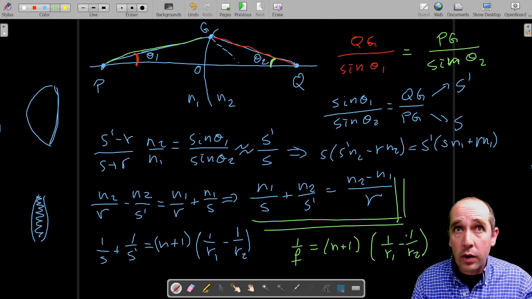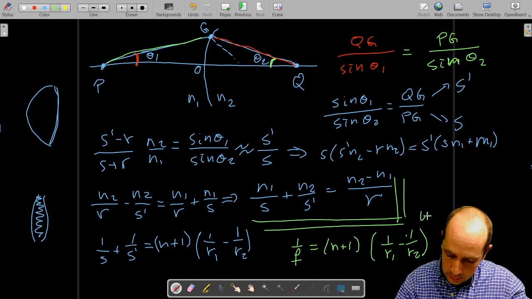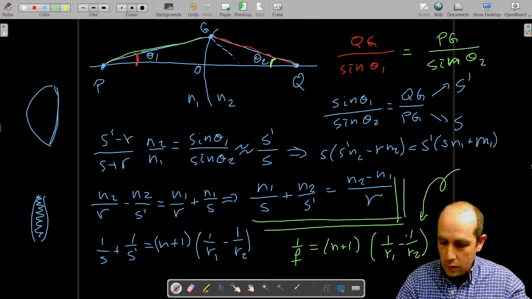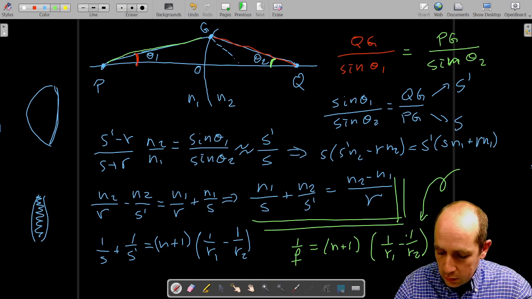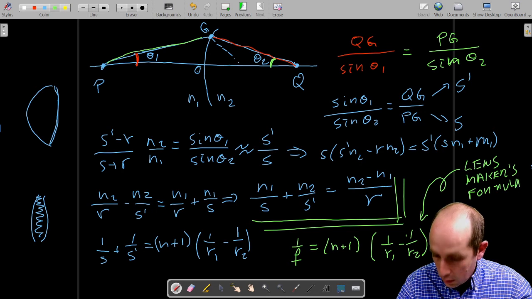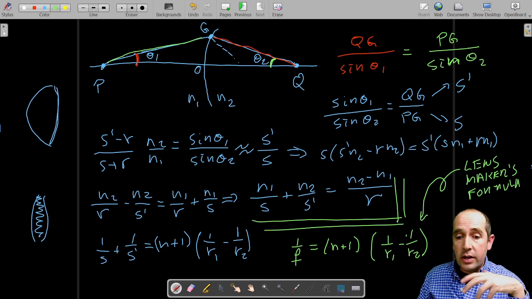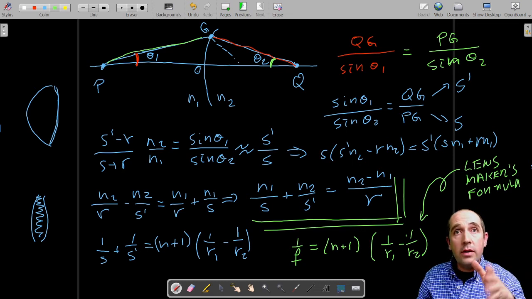And this expression over here is what we call the lens maker's formula, and this one is essentially the equation that we always use in order to calculate the focal length of thin lenses.